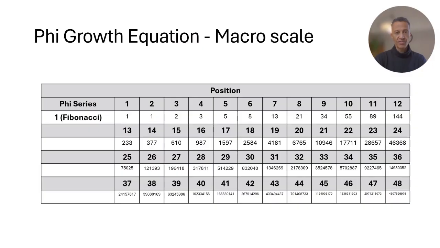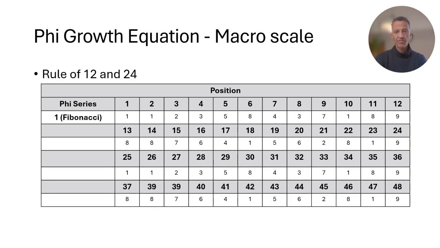Okay, here we have the Phi series 1, otherwise known as Fibonacci, and I've outlined 48 position values. You can see the sequence goes 1, 1, 2, 3, 5, 8, and so on. I've listed this all the way up to 48 positions. Now to look at the pattern of 24 repeating numbers, we need to reduce these to a single digit.